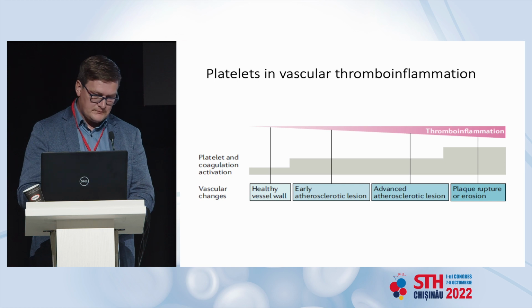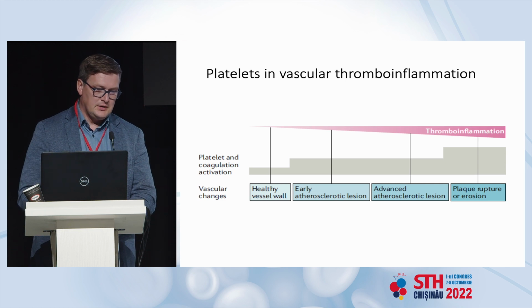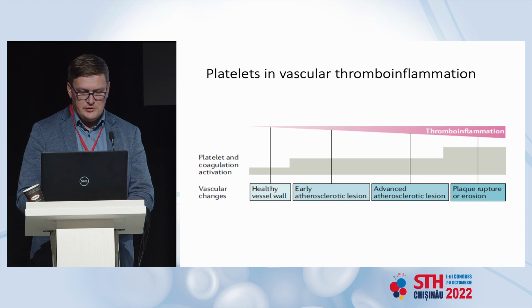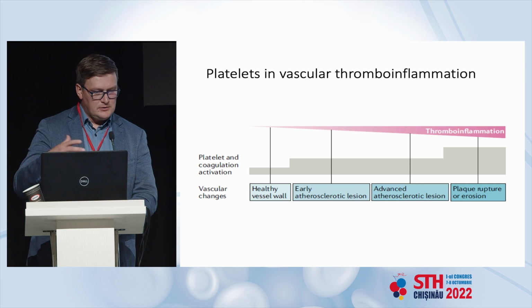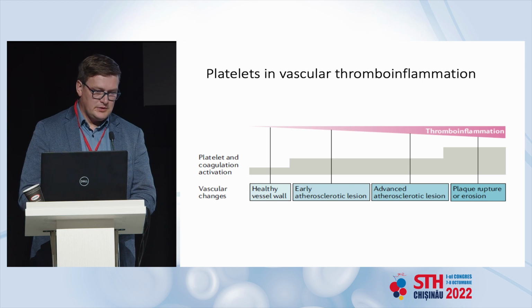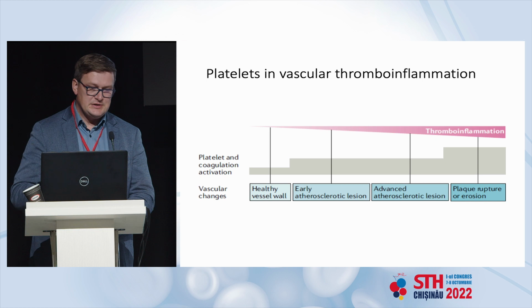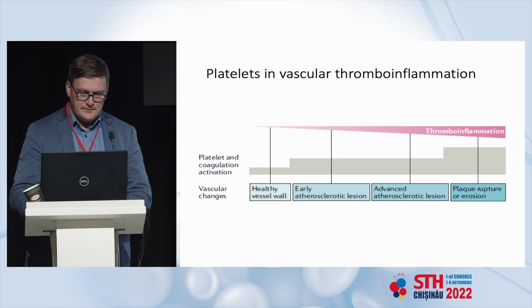First, we have a healthy vessel, then an early atherosclerotic lesion grows, and it advances through age and might rupture or have an erosion. And the effect of platelets on thromboinflammation is increasing during that lifetime.